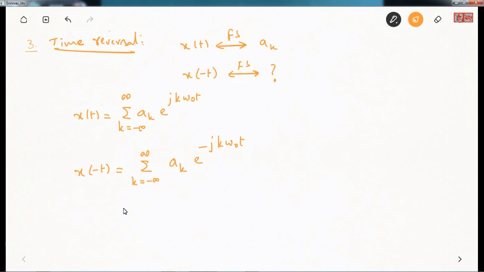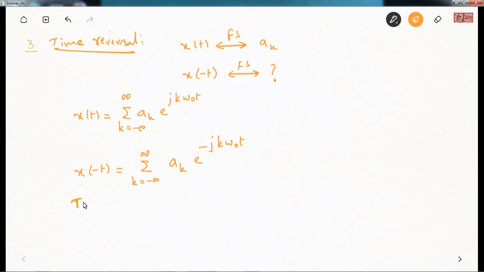That's it. Now, to express x of minus t as a Fourier series expansion, we should be having e power jk omega naught t, right? So how do we achieve that?